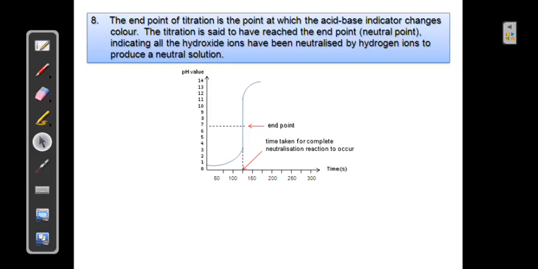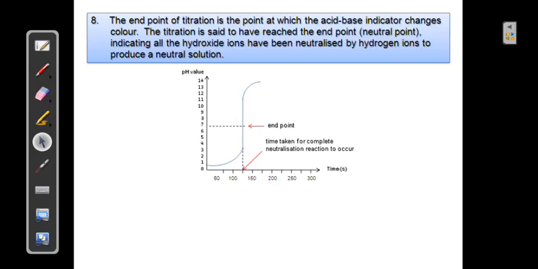So you will keep on dropping the acid into the alkali solution until it changes color. The moment it changes color, you are sure you have reached the end point, and that end point will show a pH value of 7. It requires a certain amount of time depending on the volume.